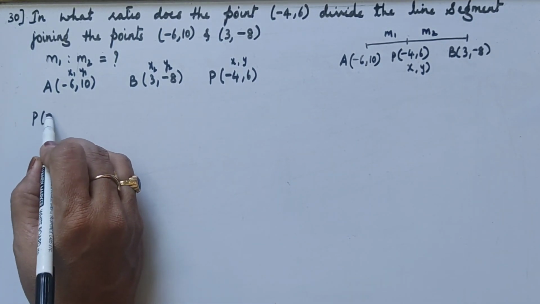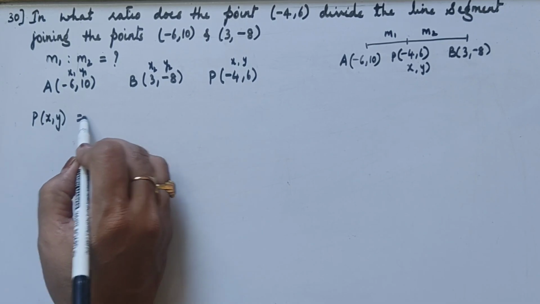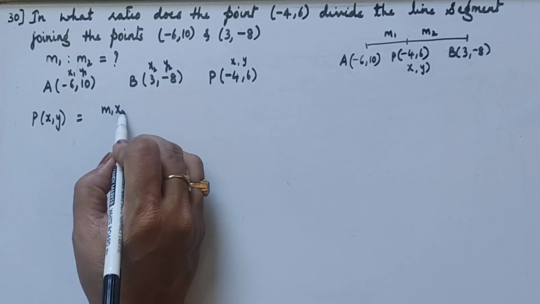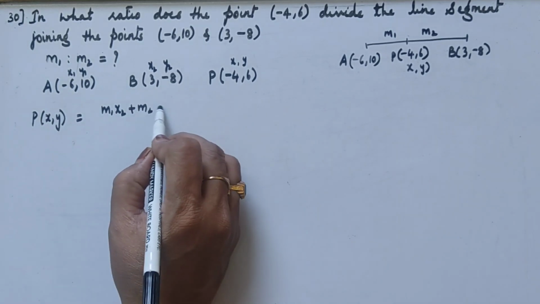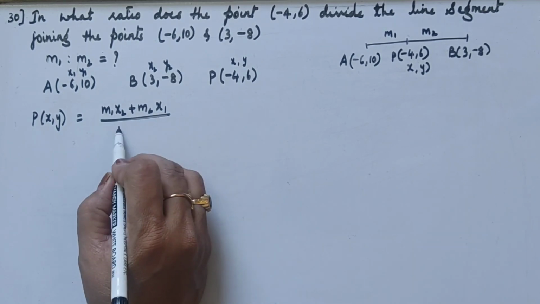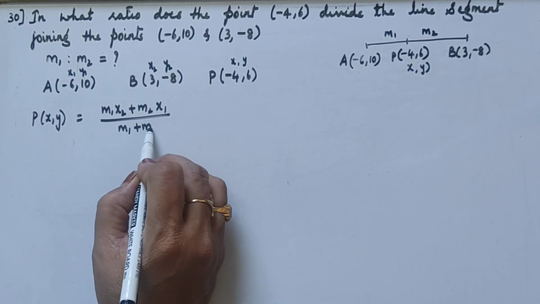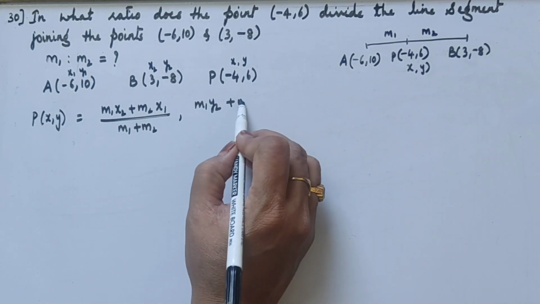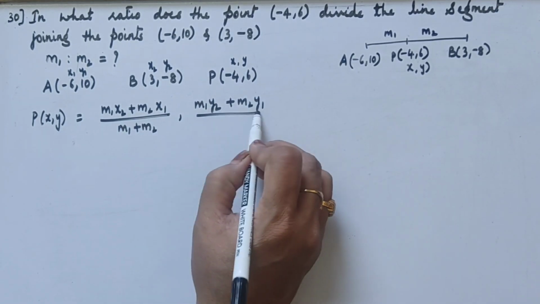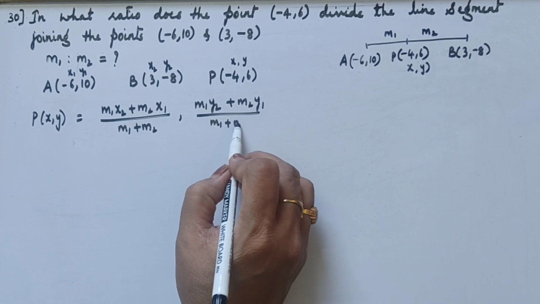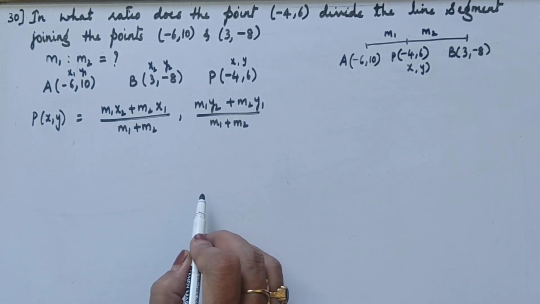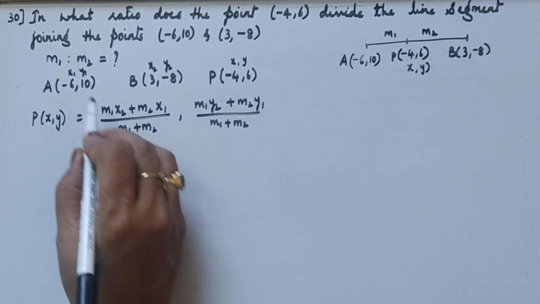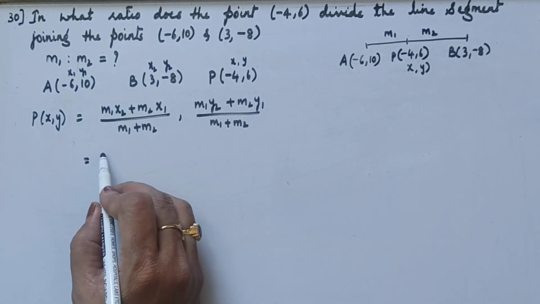Let me write the formula here. This is m1 x2 plus m2 x1 upon m1 plus m2 comma m1 y2 plus m2 y1 upon m1 plus m2, the section formula, equals to.